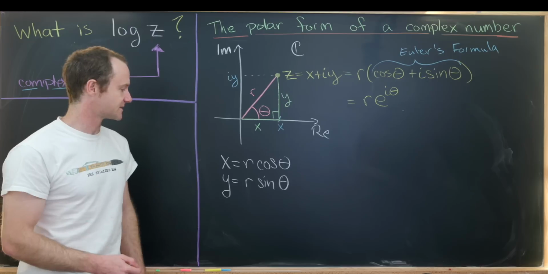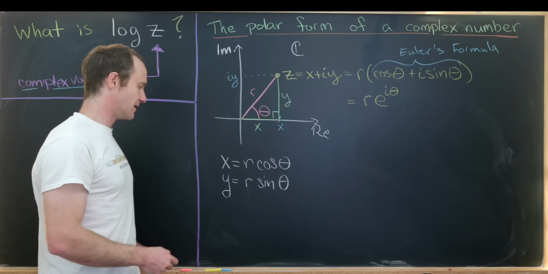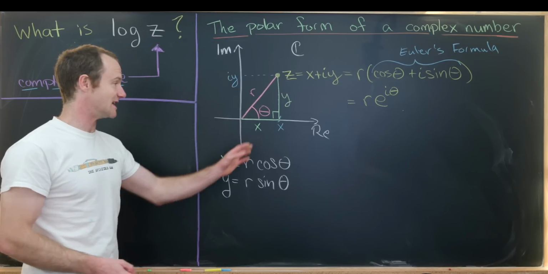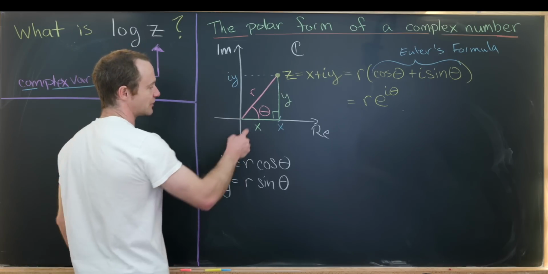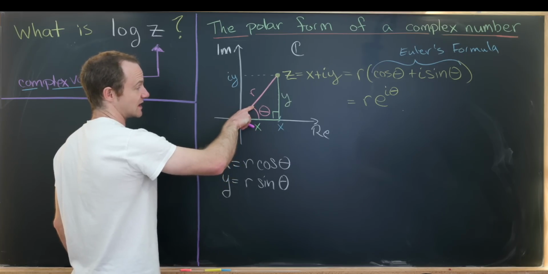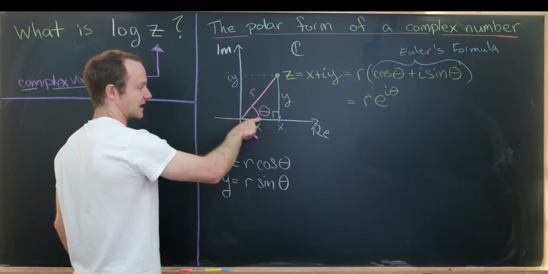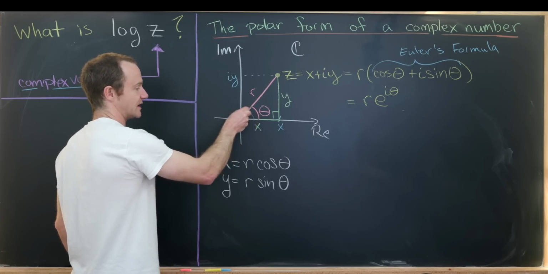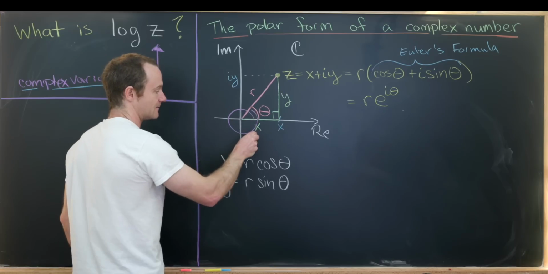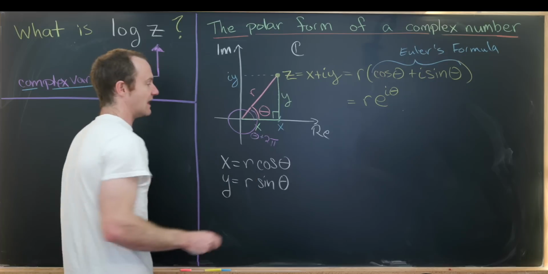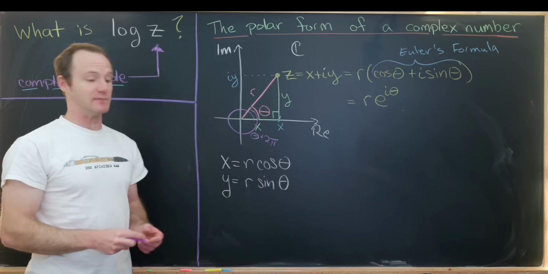Okay, nice. So next up, it's probably important to notice that we have some periodicity in this picture. If I, instead of measuring from the real axis to this line segment just going around the circle a little bit, go around the circle the whole way and then make the measurement, that has angle theta plus 2 pi, and that in fact gives me the same number.